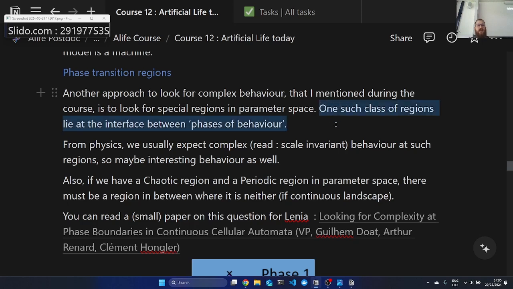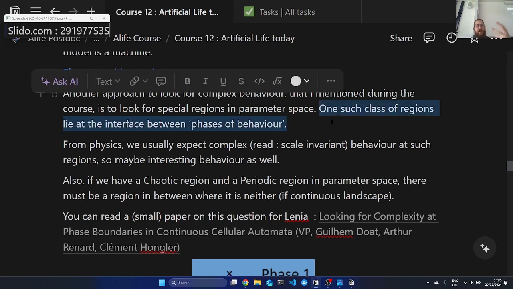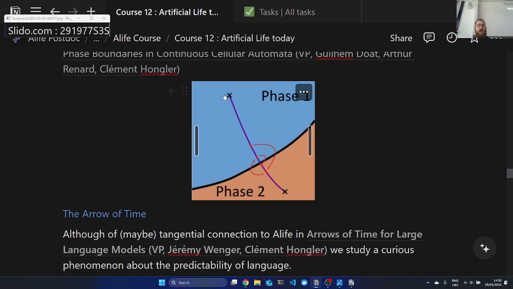So one such class of special regions are the regions which lie at the interface between two phases of behavior of the model. Okay, so this is kind of the picture that you should have. This is parameter space of the model. You have two phases here which have qualitatively different behavior, and you find a special place in parameter space which is the interface between these two.